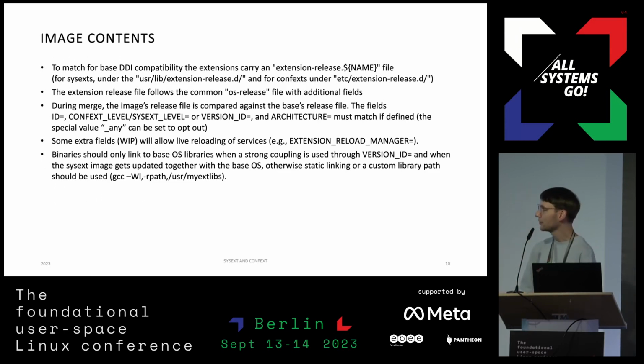The extension release file follows the common os-release file you might know from /etc. It has just some additional fields, and during merge, the image release file is compared against the base release file. In the host case, that is /etc/os-release, but in the case of portable services, of course, inside the portable service we have the base image where this is looked up.